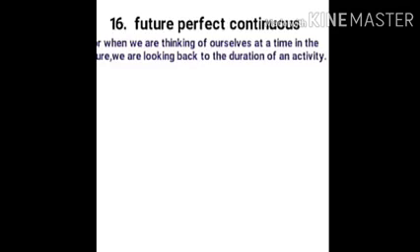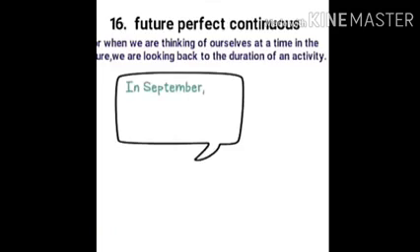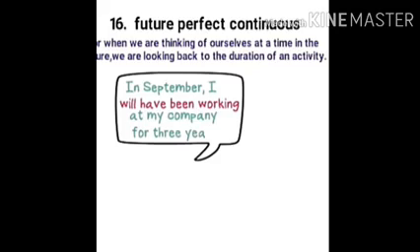So here the example we have is in September, I'll have been working at my company for 3 years. We're thinking ahead to September, a future time, and it's in September, we're looking back over the duration, and you say, I will have been working in the company for 3 years.